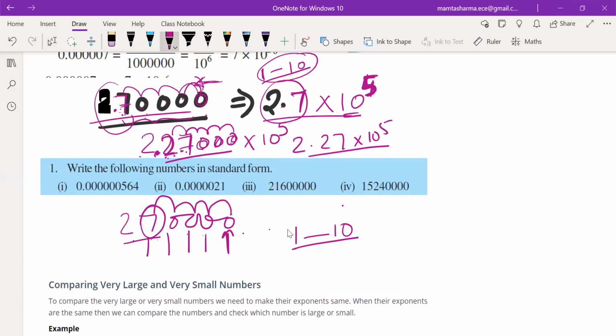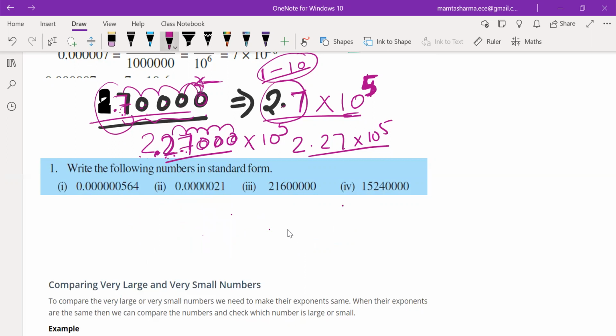If I place the decimal here, then this number 2.7 will lie between. Ma'am, one doubt I have. If we write 2.107... 1075. Then until where, ma'am? Means it is 1075, no, ma'am.